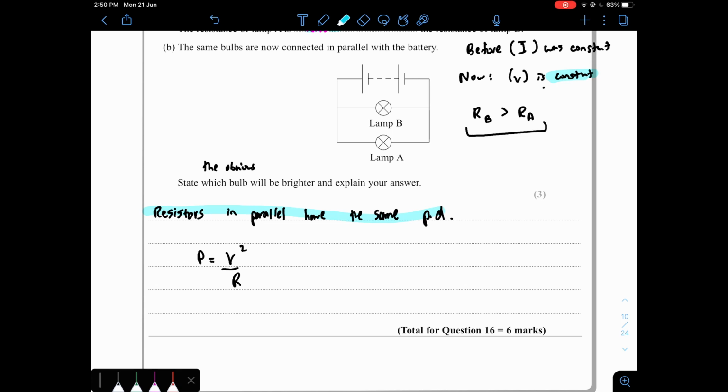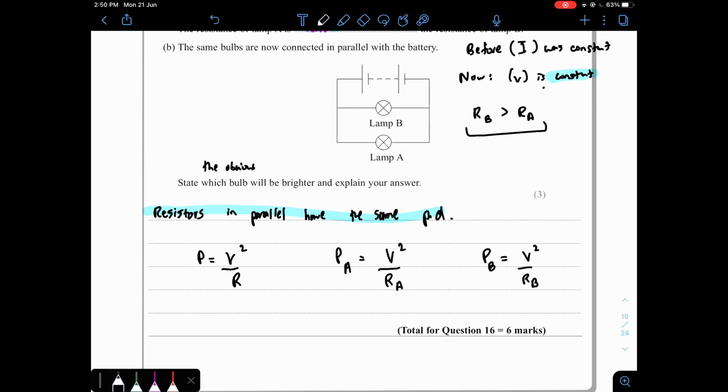So the only thing that will affect the lamps will be the resistance. So the power of A will be V squared over RA. And the power of B is V squared over RB.